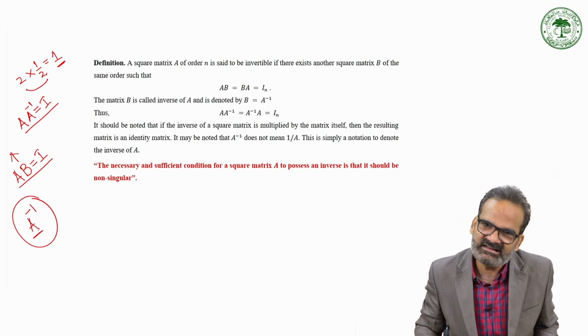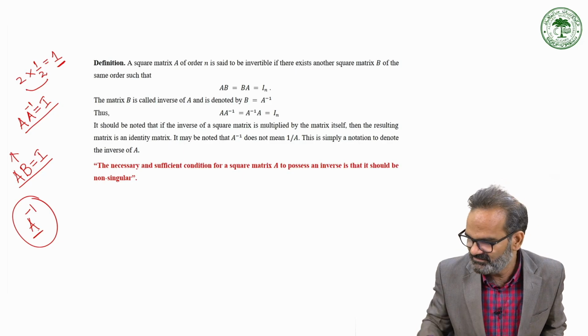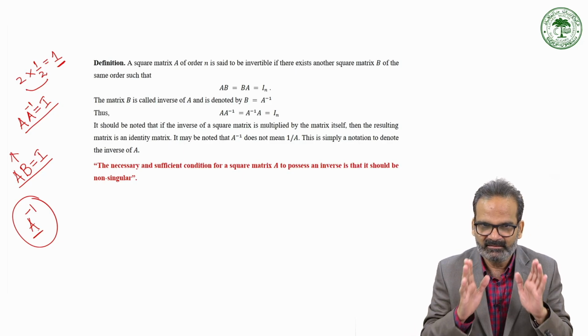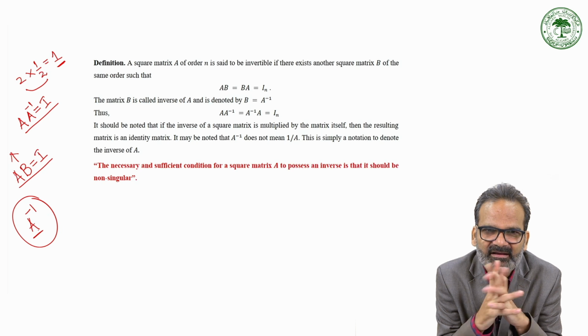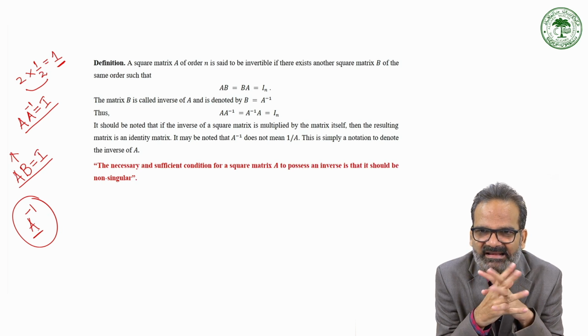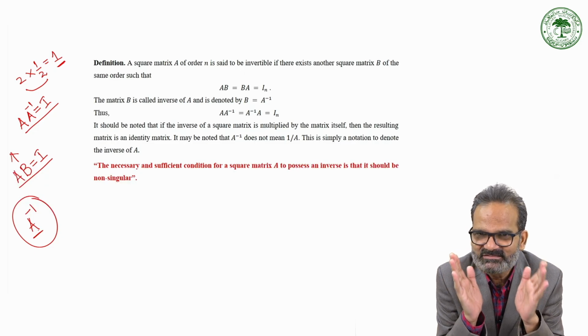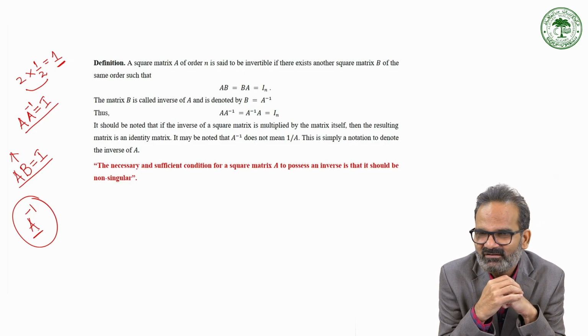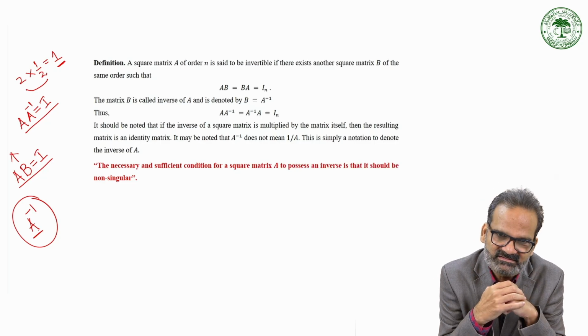Now, under what condition can we calculate the inverse of a square matrix? The condition is very clearly specified here. The necessary and sufficient condition for a square matrix A to possess an inverse is that it should be non-singular. Clear? I have told you these two types of matrices, singular and non-singular, will play a very important role in finding the inverse of a matrix.